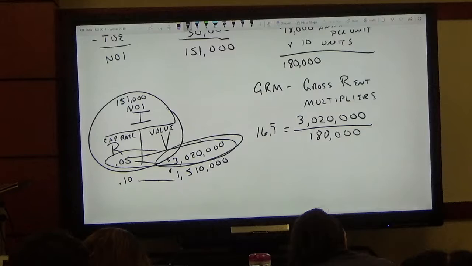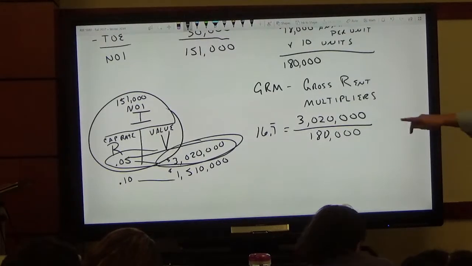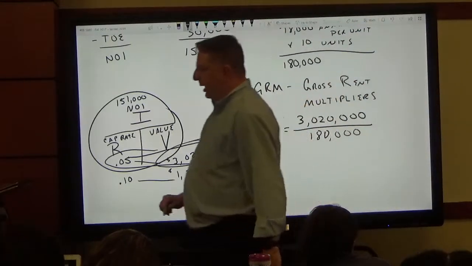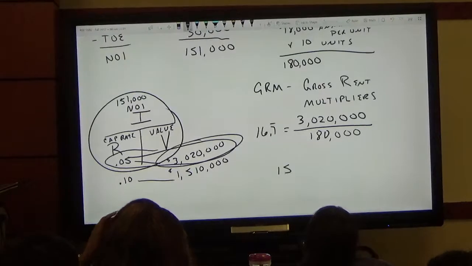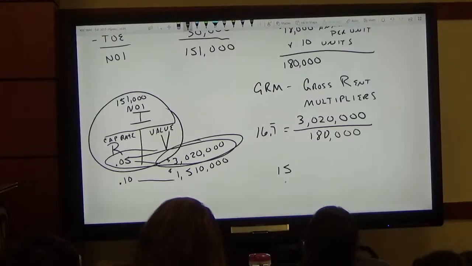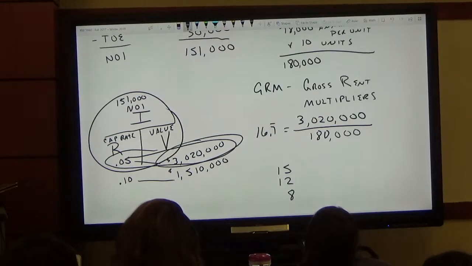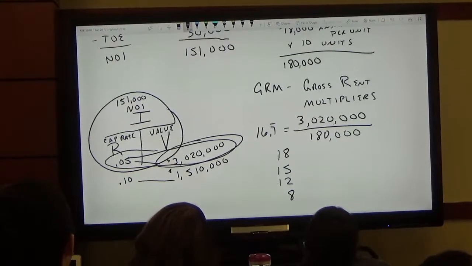Now, what you would do is you would look out in the market and see, do I have other properties and what is their gross rent multiplier? For example, let's just say that I found a variety of other properties and one of them is at a 15, one is at 12, one is at 8, and one is at 18.